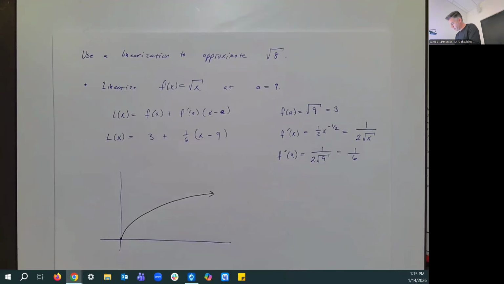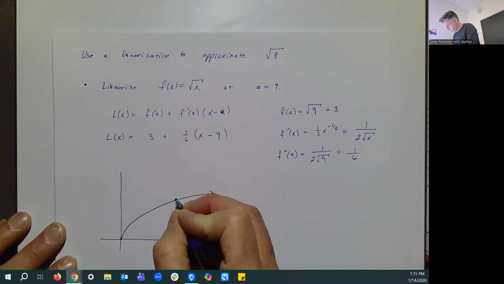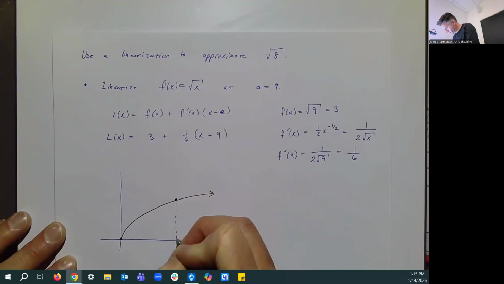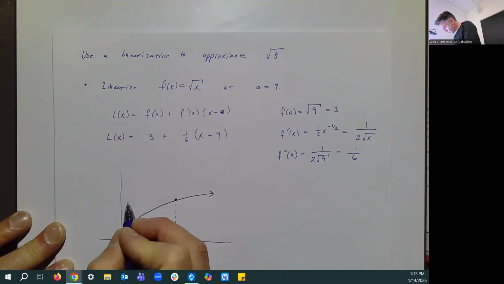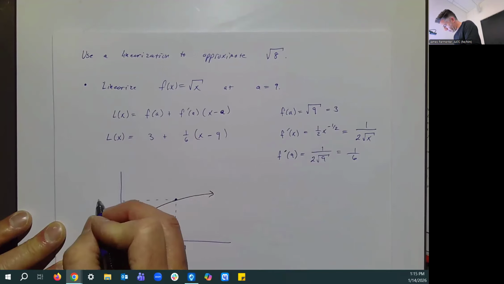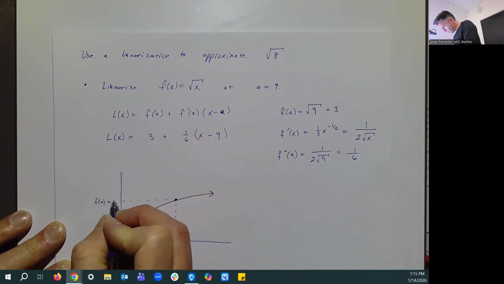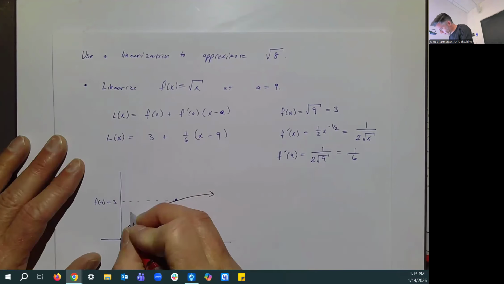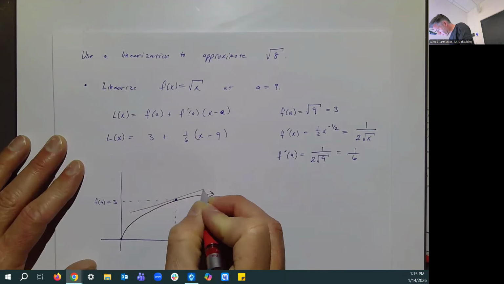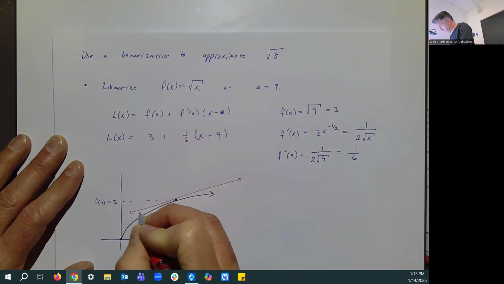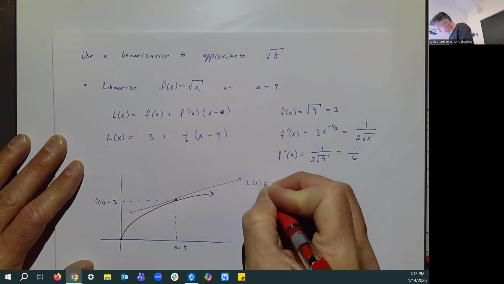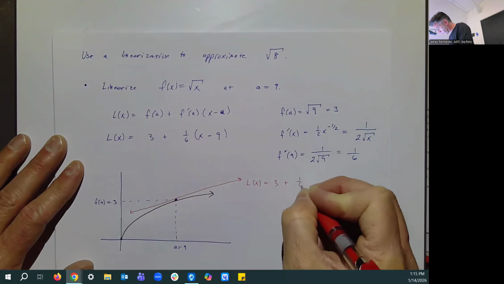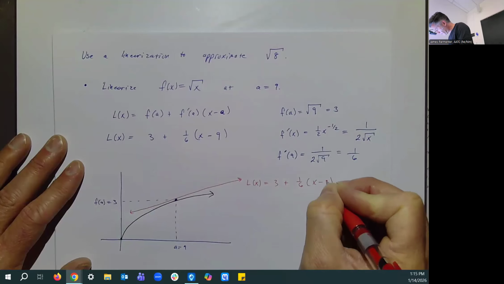And at a equal to 9, with a value of 3, we have found the equation of the tangent line. So right here, that tangent line, that's your L of x equal to 3 plus 1/6 times x minus 9.